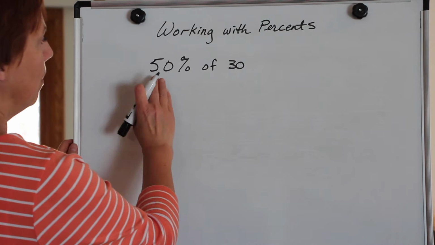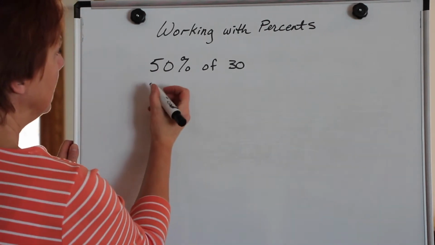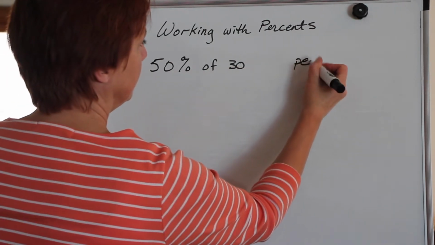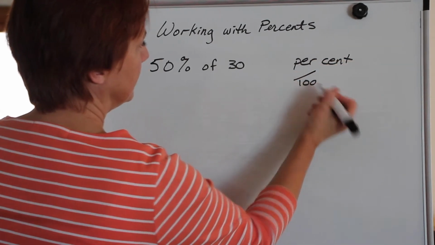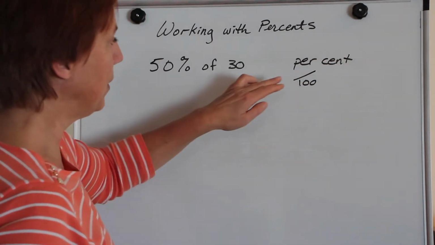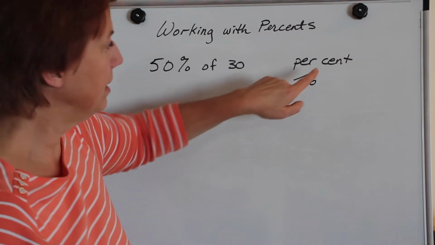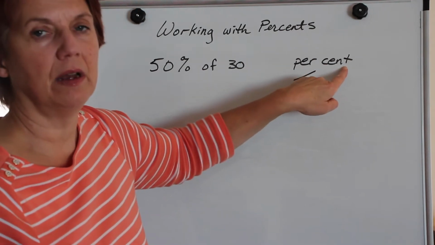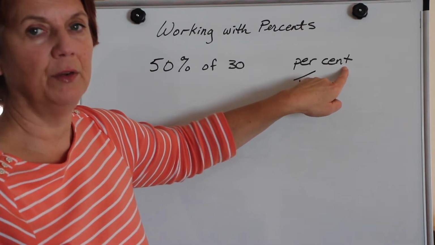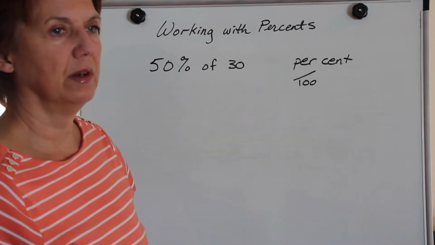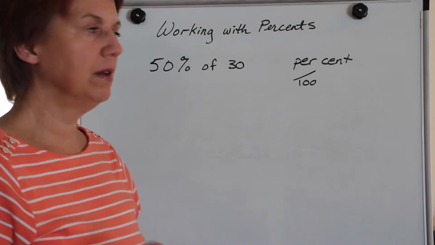When you see a percent sign, percent means over 100. It's literally what it means. Per is that fraction line, and cent means 100. So there's 100 cents in a dollar, there's 100 years in a century, 100 feet on a centipede.